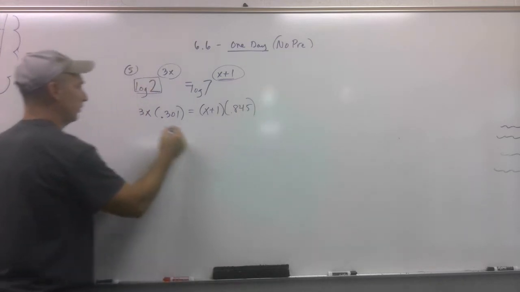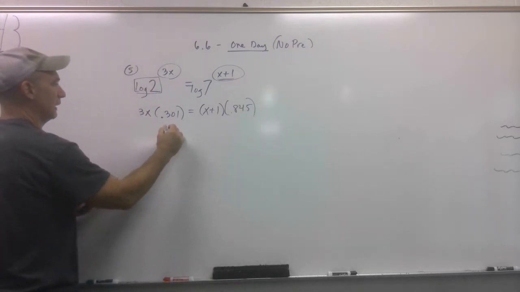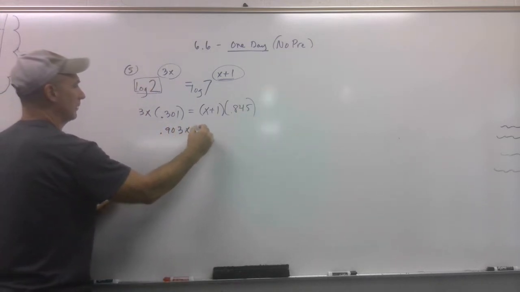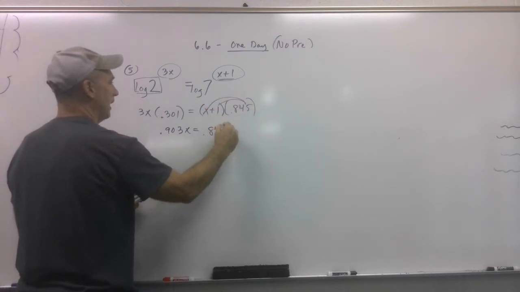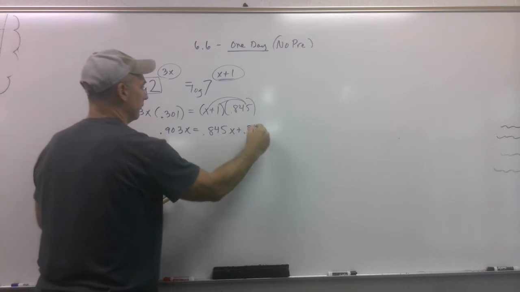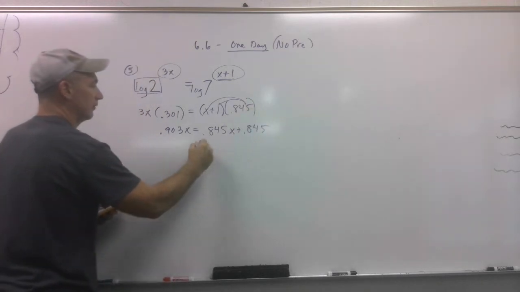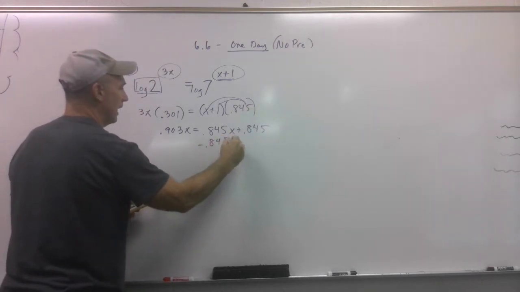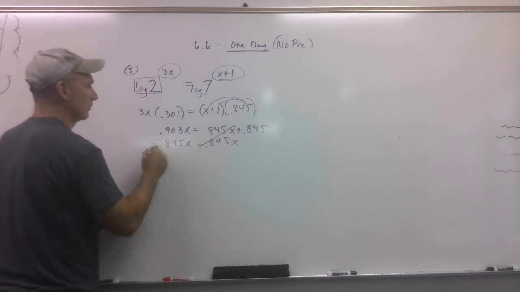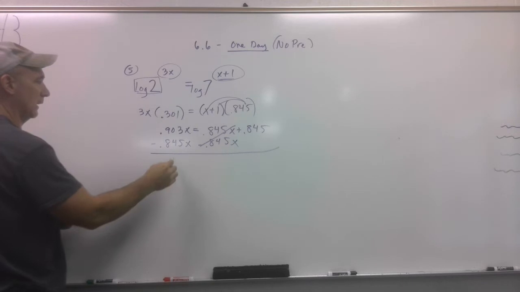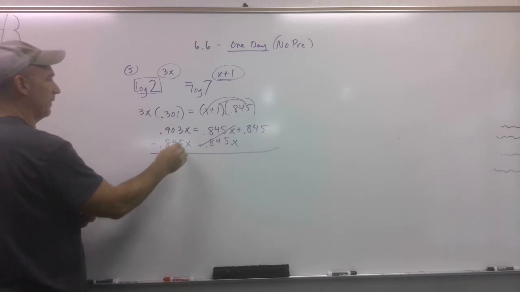So lots of decimals. So this would just be 0.903x equals, distribute, 0.845x plus 0.845. Subtract 0.845x, subtract 0.845x, and what would that be? 0.058.